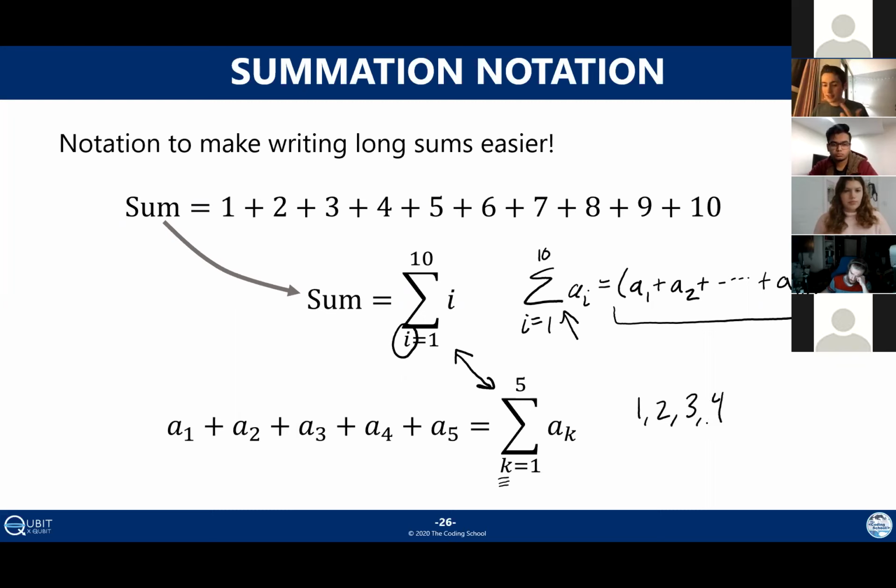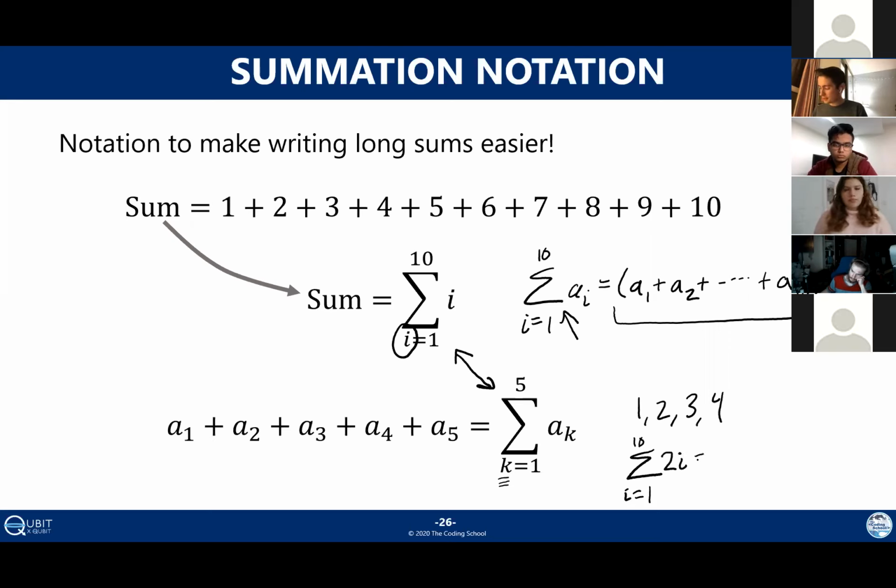But if you wanted to add up all of the multiples of 2, so you want to do 2 plus 4 plus 6 plus 8, for example, what you would do is write the summation from i equals 1 to 10, let's say, and then sum up 2i.